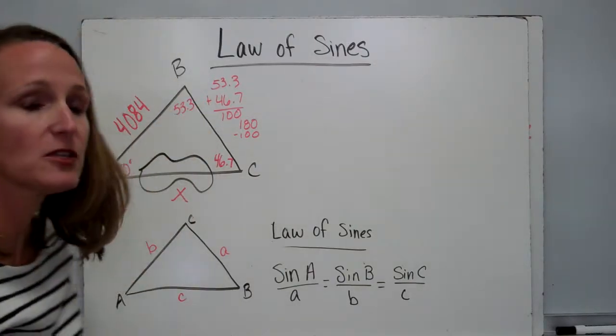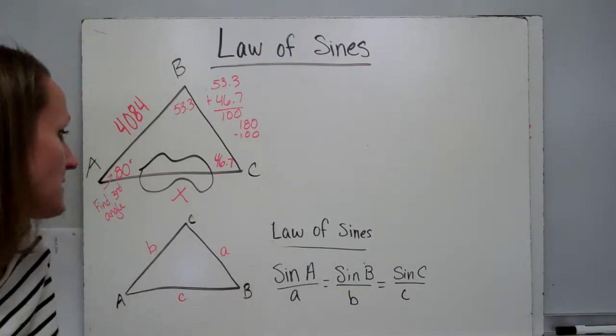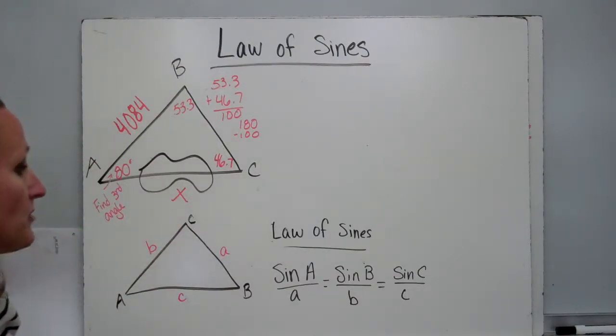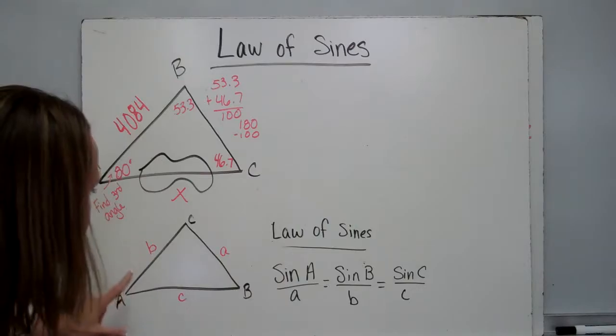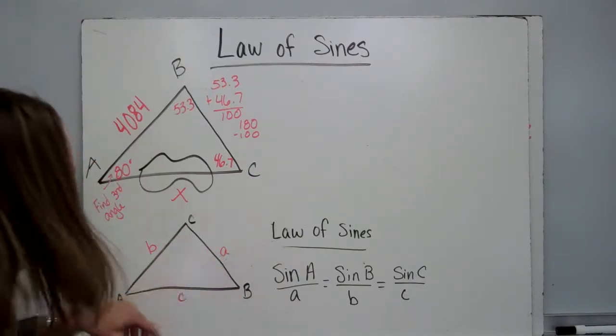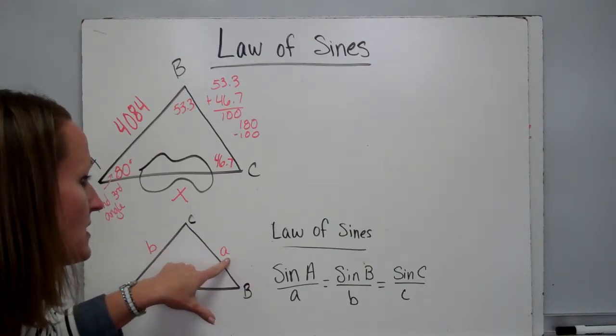Okay, so now that you know all your angles, let's talk for a minute before we go on about what the law of sines is. It's mathematically proven that if you take the sine of one angle, you can put it over the side across from it. Keep in mind that angles are denoted with capital letters and the sides across are denoted with lowercase letters.